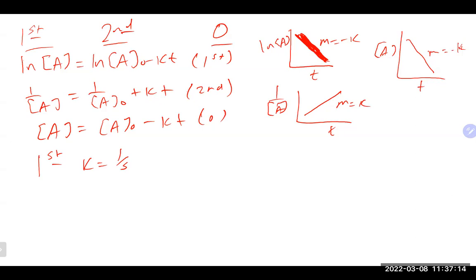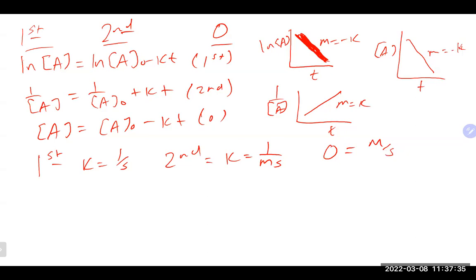It could be minutes, hours, days. It's really 1 over some unit of time. For second order, we usually end up with units of 1 over molar seconds. Again, the seconds could be any unit of time.